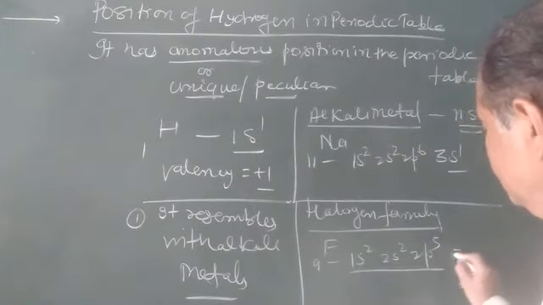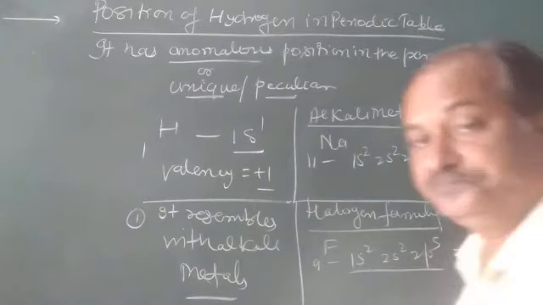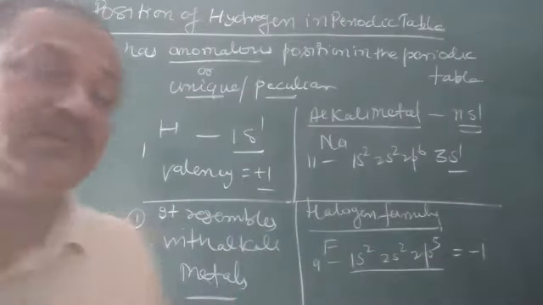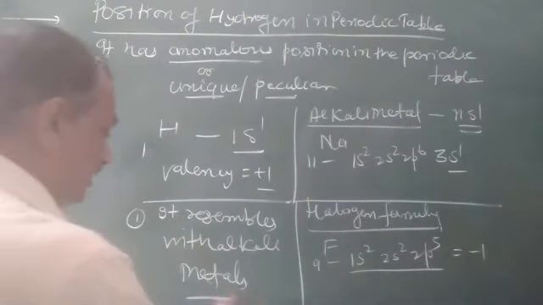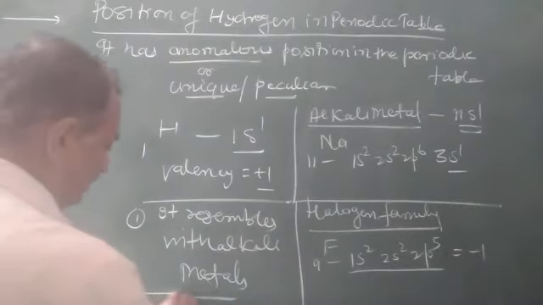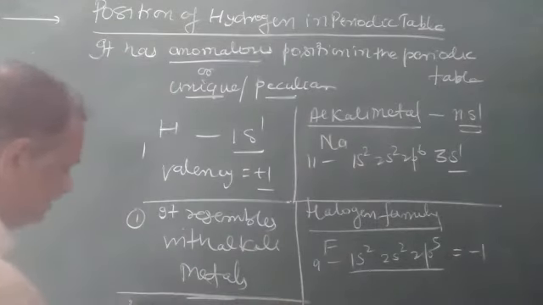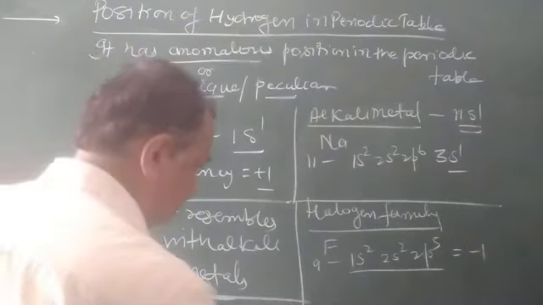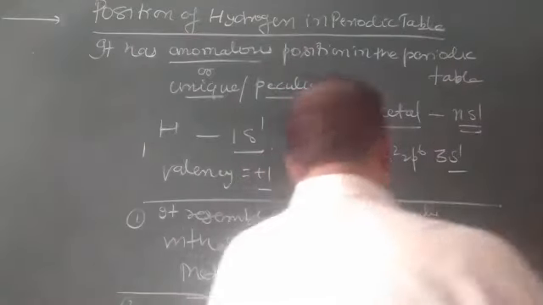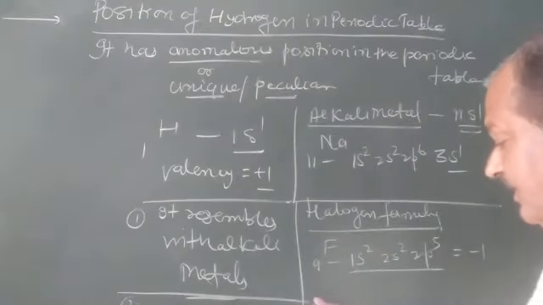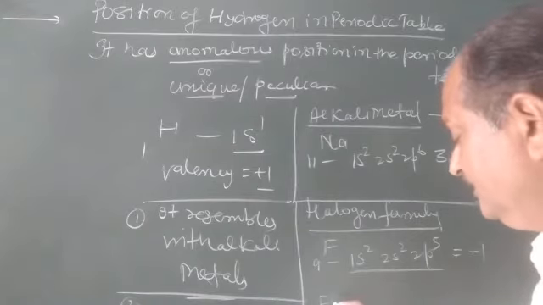The valence shell has a valency of -1. So how does hydrogen resemble the halogens?